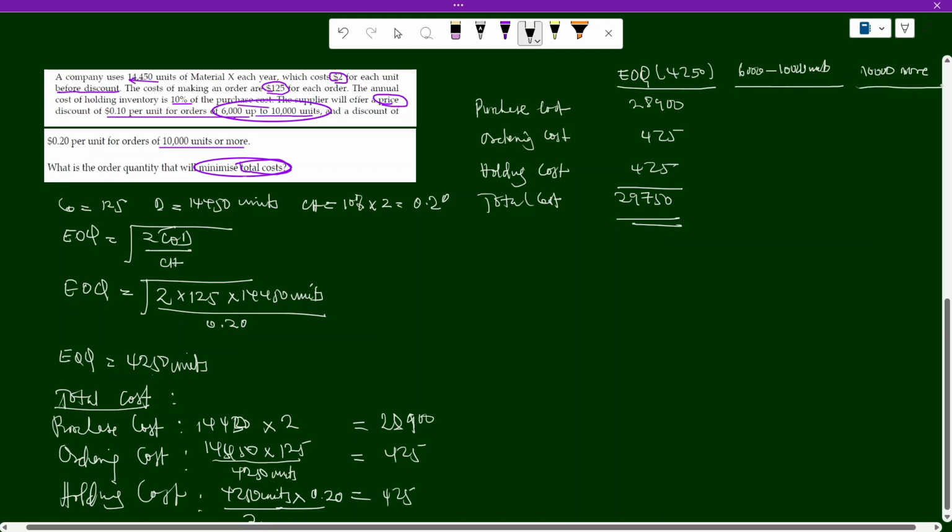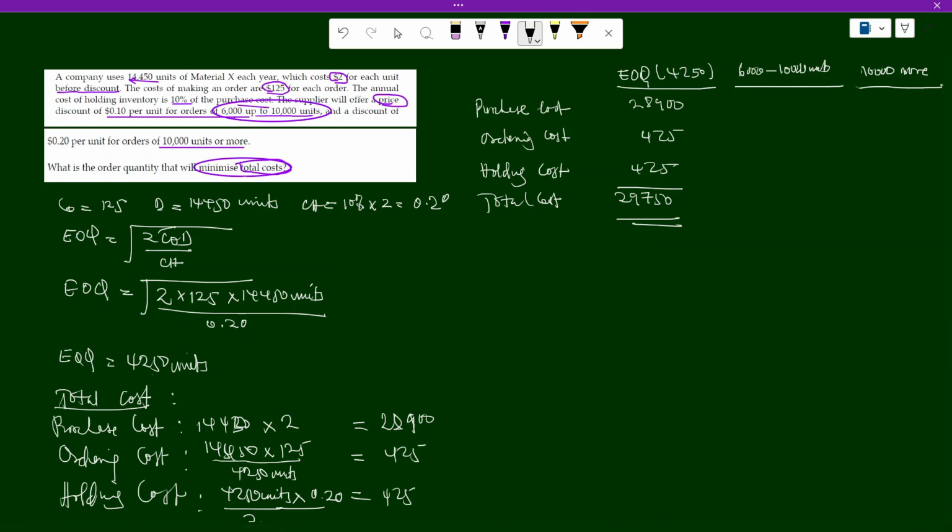Now let's look at the purchase cost. For this computation, what will be the purchase cost if we order 6,000 to 10,000 units? Now, remember here that the cost per unit in the question has been given as 2.